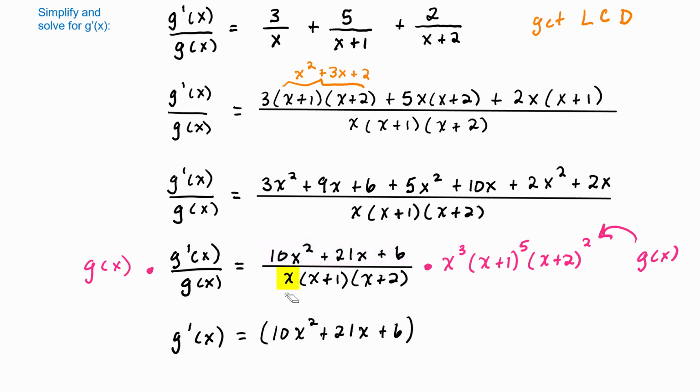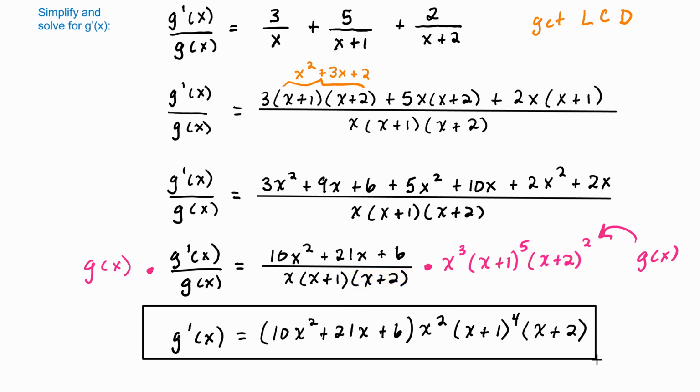Now this x in the denominator will cancel one of these, and we are left with x squared. The x plus 1 in the denominator here will cancel one of these, and we have x plus 1 to the 4th power. And the x plus 2 will cancel one of these, and we have to multiply times the quantity x plus 2. It's now to the 1st power. And this is our result.